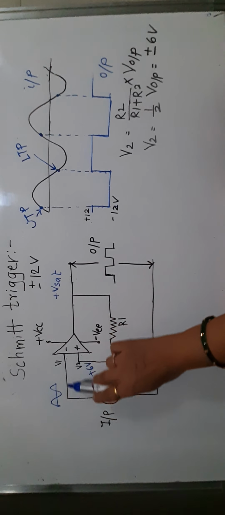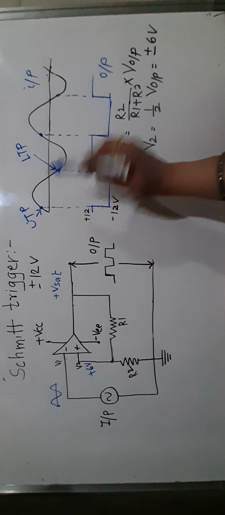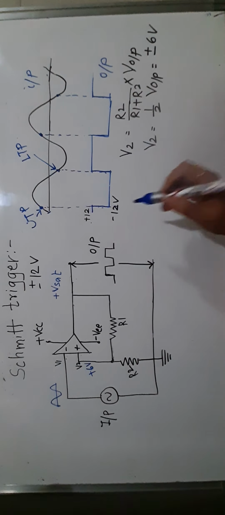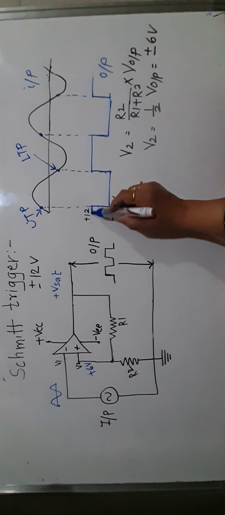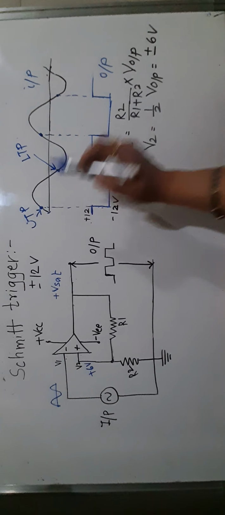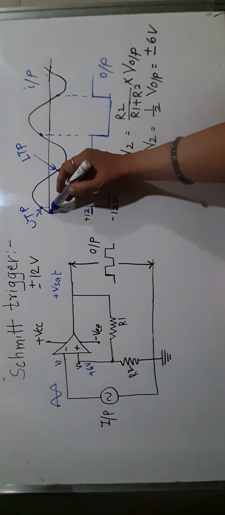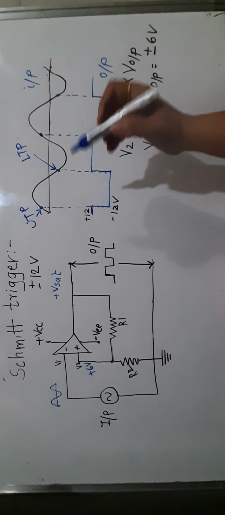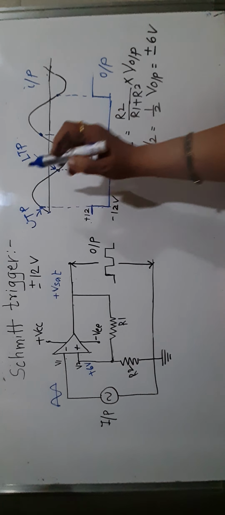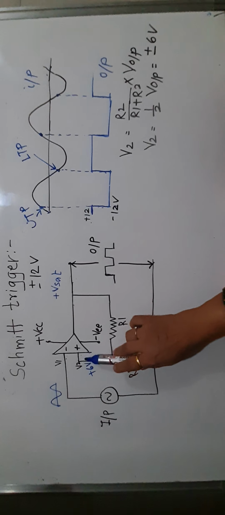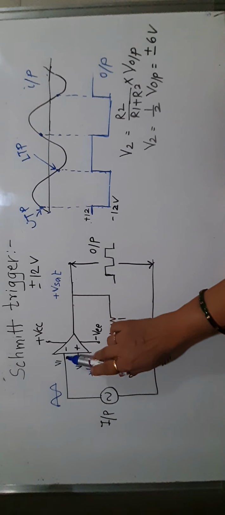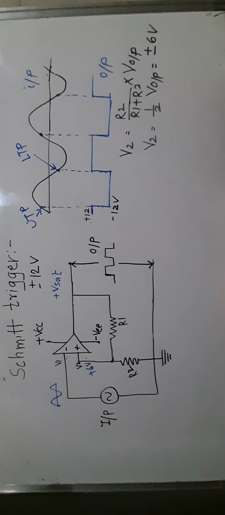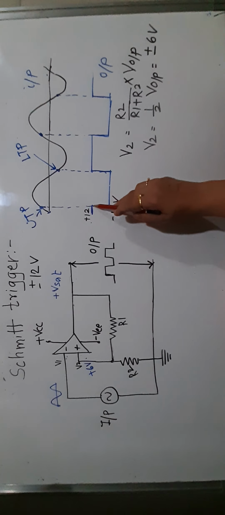Now the input is increasing. Initially it was 0, so that's why the output was plus 12 volt. Then when the input is increasing and becomes greater than this reference voltage of 6 volt, the voltage at the negative terminal will be higher, so the output will change from plus to minus.